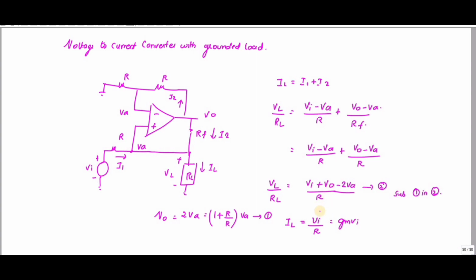GM is your transconductance, and its unit is Siemens.